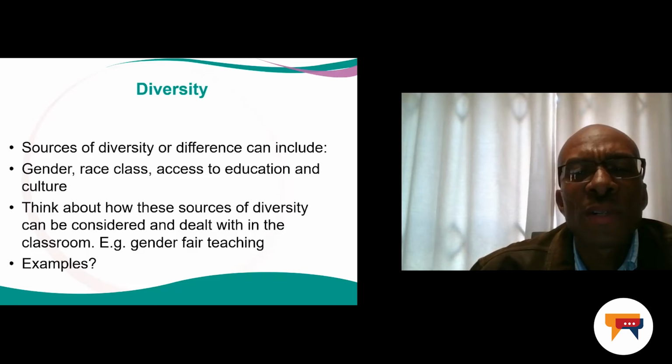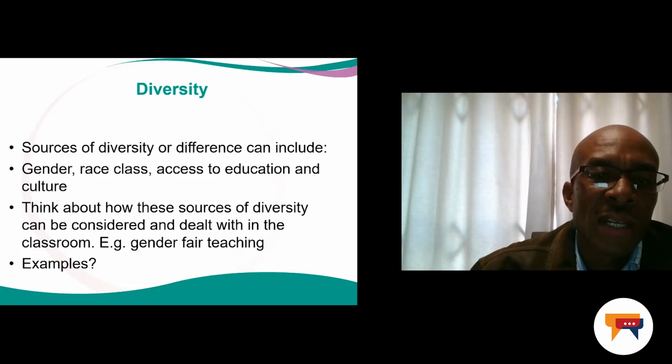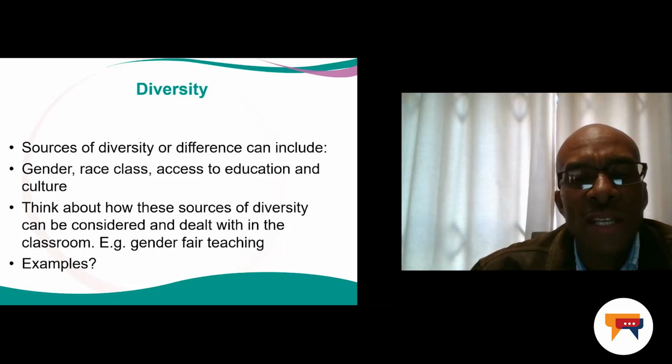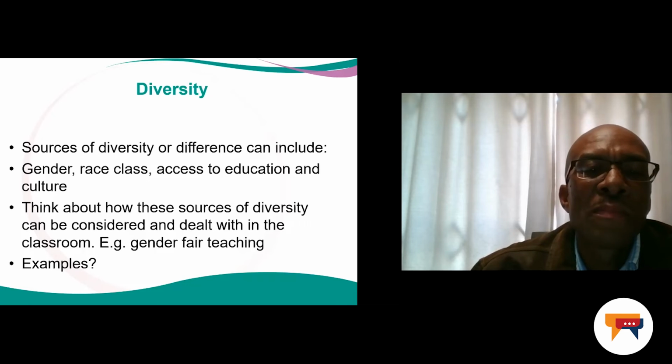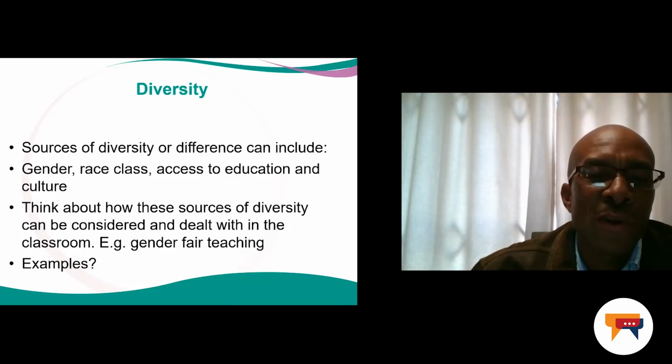Sources of diversity or difference can include aspects such as gender, race, class, access to education, and also culture. Think about how these sources of diversity can be considered and dealt with in a classroom context. For example, gender fair teaching. Also think of other examples which are relevant in this context.